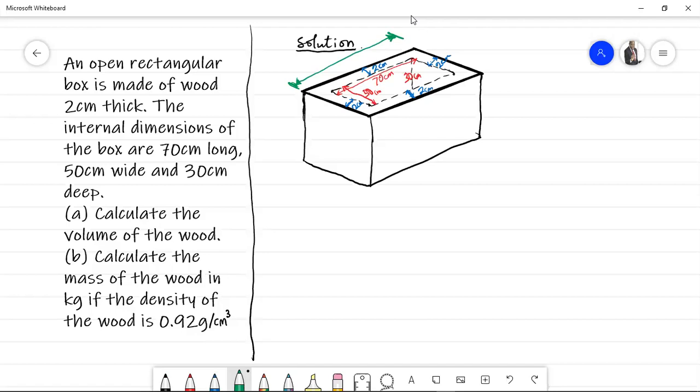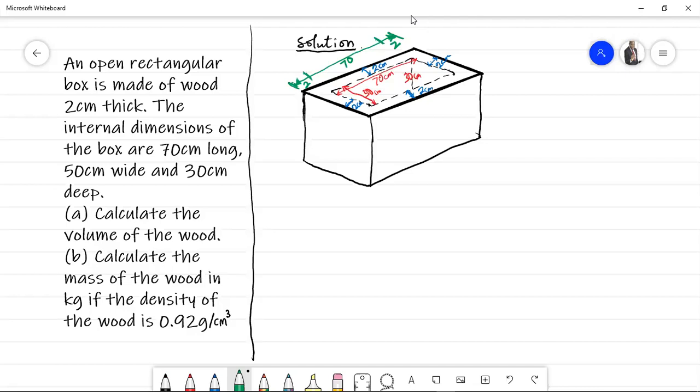And you will notice that the whole of that length will be a combination of the thicknesses around the internal dimension. So the thickness 2 here, the thickness 2 here, plus the 70 centimeters long internally should give the external length for the external dimension.